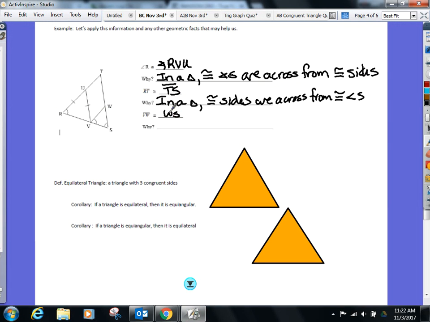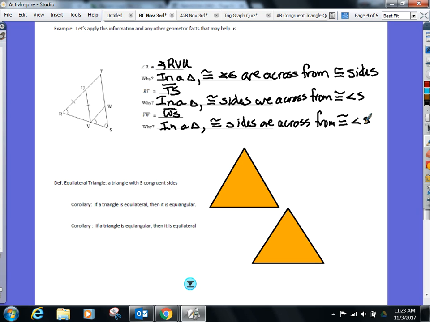Yep. In a triangle, how do I start this one out? Congruent sides again, because that's what I proved. Any questions finding the sides or angles in an isosceles triangle?